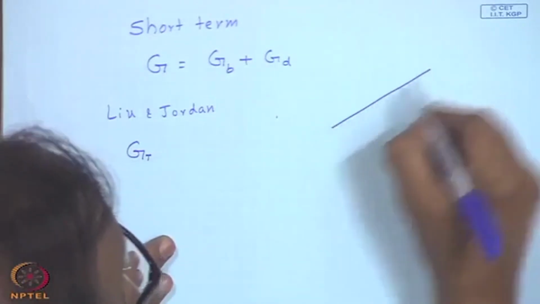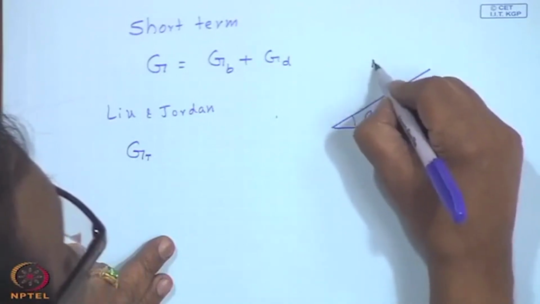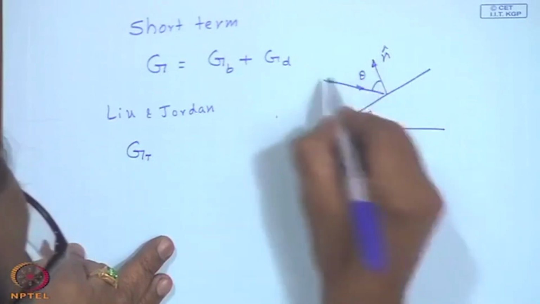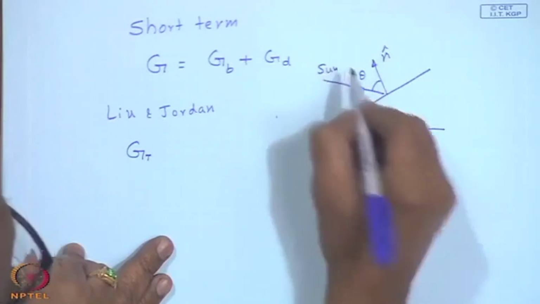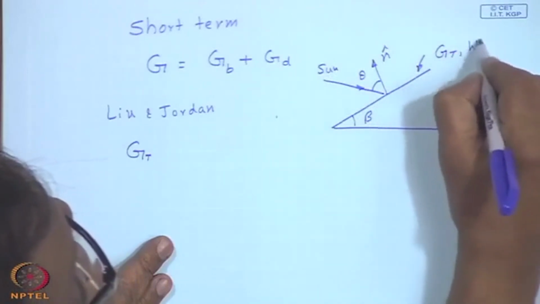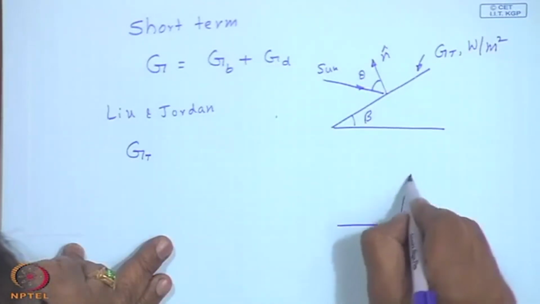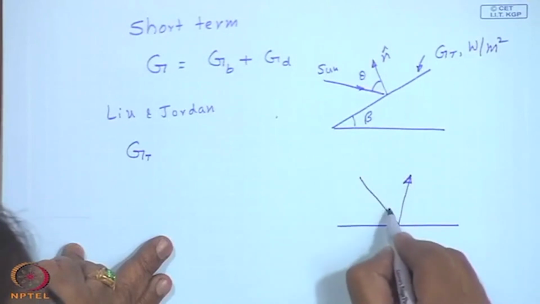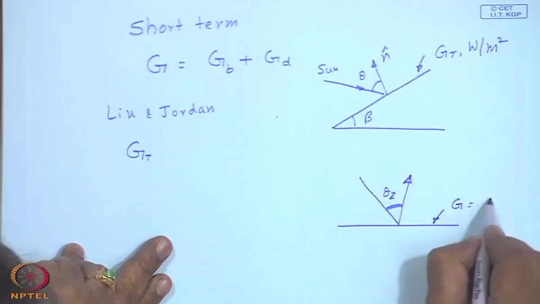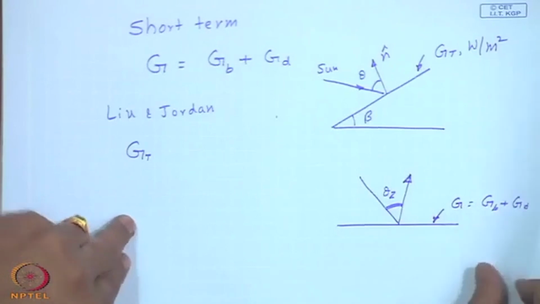Now, what I have got is beta outer normal and the sun's ray making angle theta, and this is G T, watts per meter square, compare it to horizontal surface making an angle theta z, where this is G equal to G B plus G D. Is it okay?